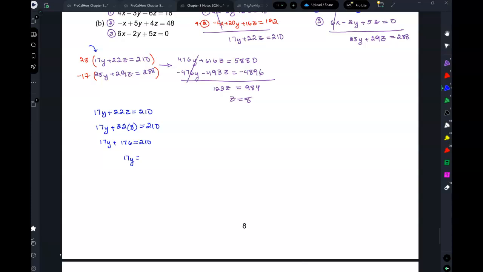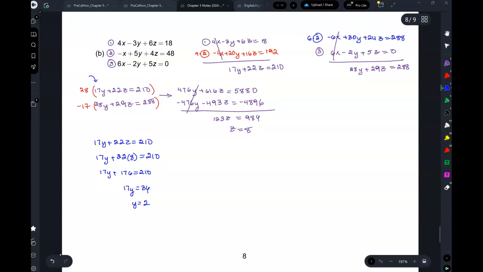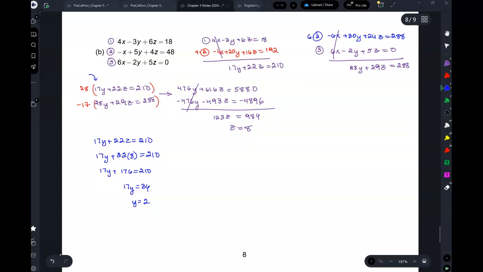So that's 17y equals 34, and y is 2. That's it, right? So now I need to find x. I'm going to use equation number 2 to find x. So that's going to be negative x plus 5y plus 4z equal to 48. Negative x plus 5 times 2 plus 4 times 8 equal to 48.